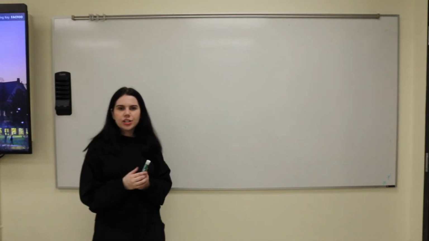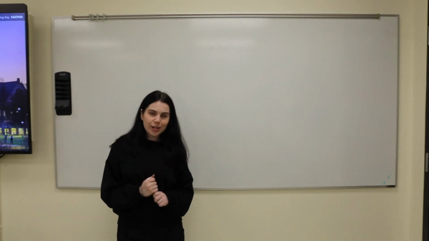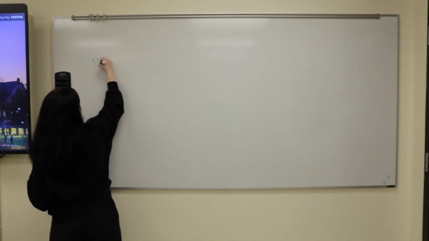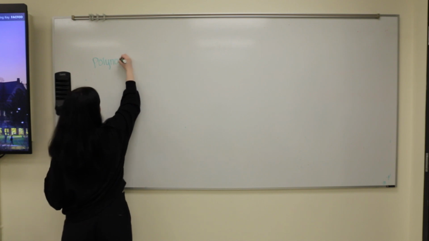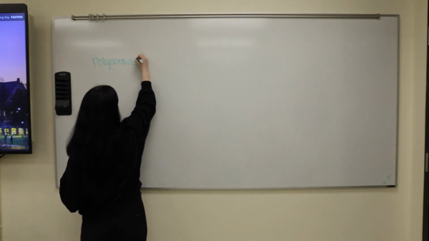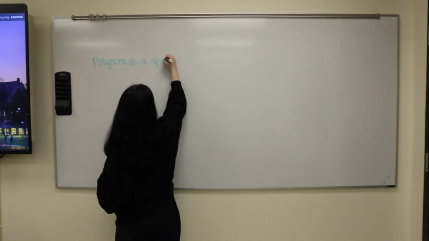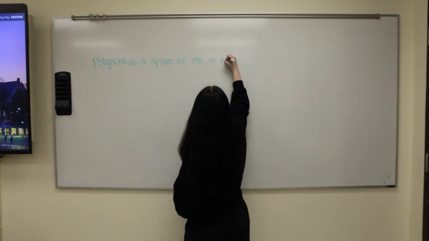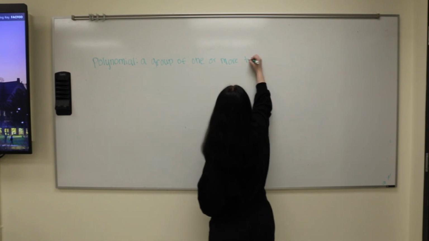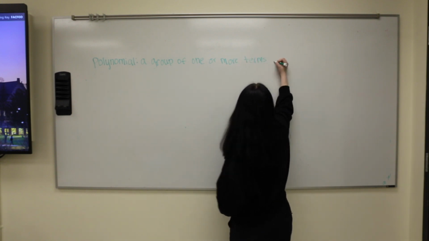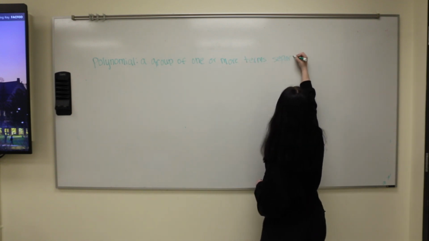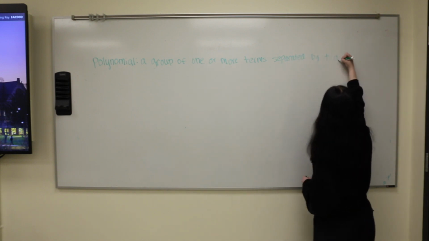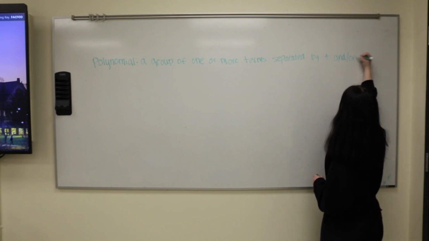The next definition we're going to go over is the definition of a polynomial. So a polynomial is a group of 1 or more terms separated by addition and or subtraction.